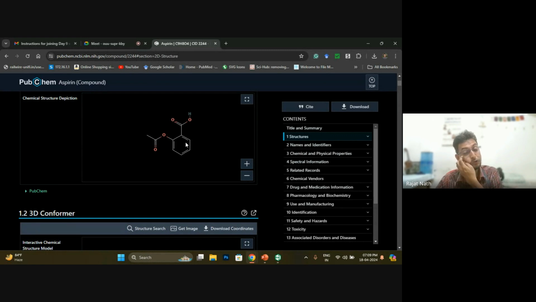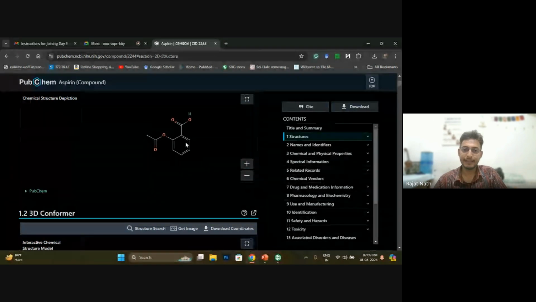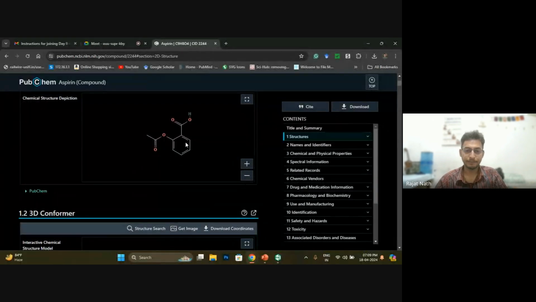So you need the canonical file of the structure or the SDF file of your structure for bioinformatics analysis, but it is not available in the database. In that case, you can draw this structure in various drawing software.